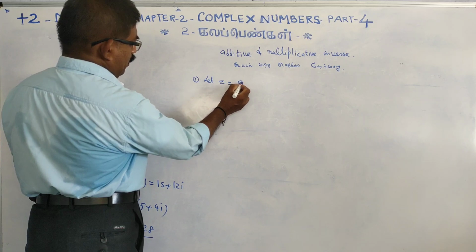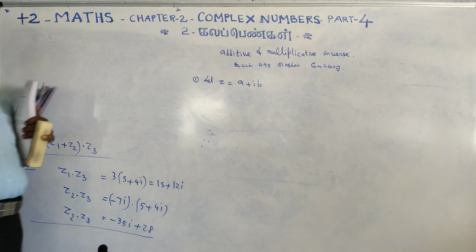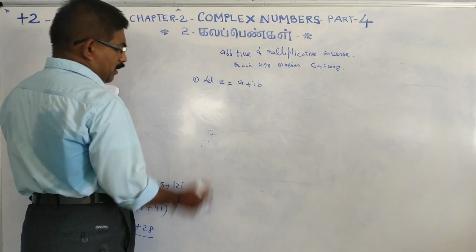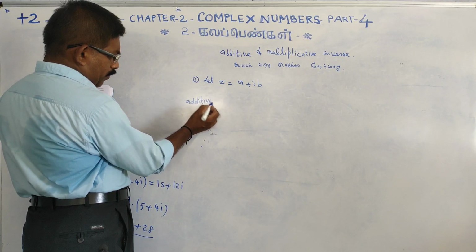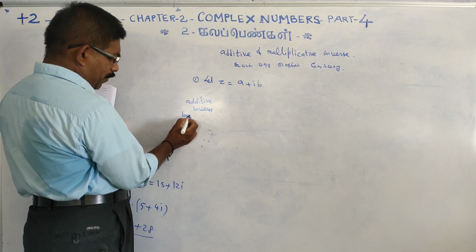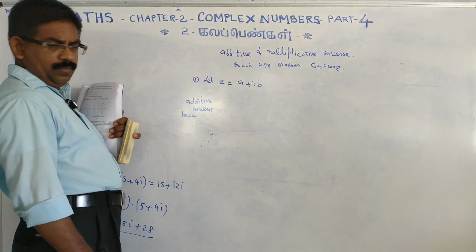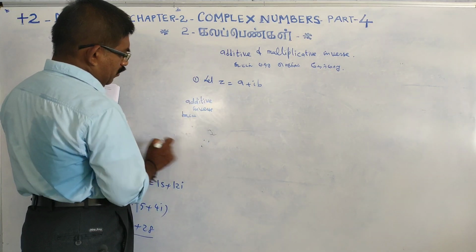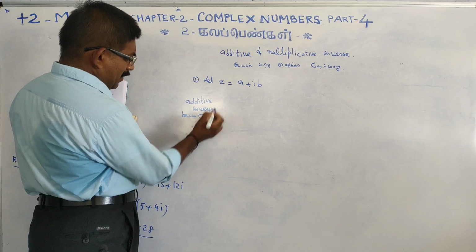Let first one, Z equal to A plus iB. This is a complex number. Additive inverse means கூட்டல் நேர்மாறு. How can we?